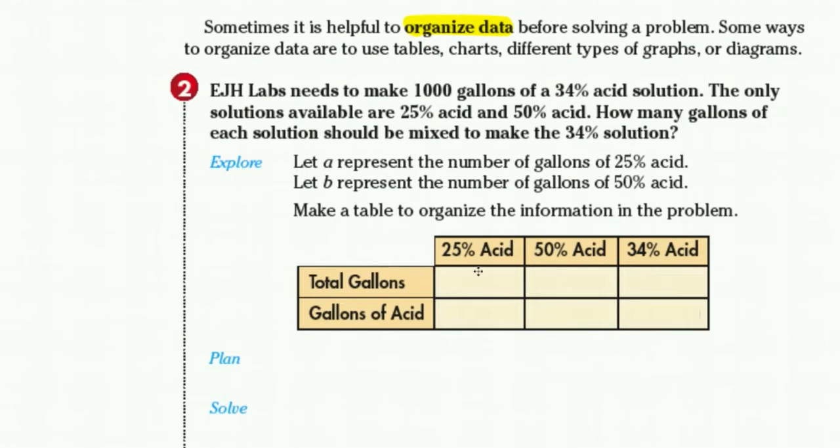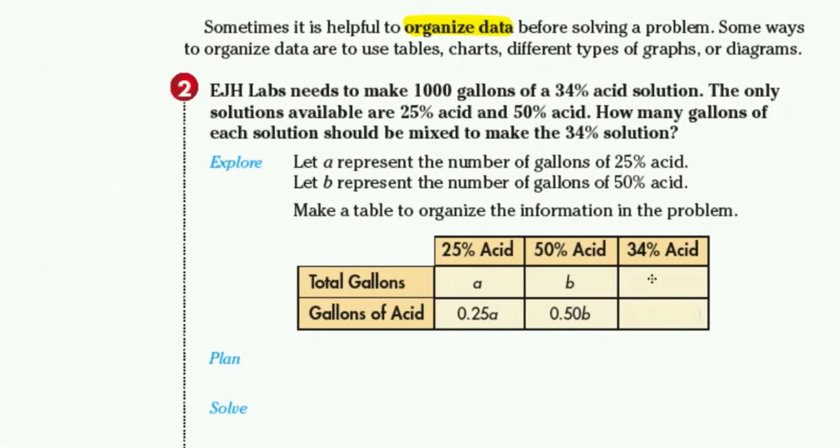So the number of gallons of 25% acid would be A, because that's how we represented it, and we let the 50% acid be B. The gallons of acid for 25%, making that into a decimal, would be 0.25A, and for the 50% acid it is 0.5B.